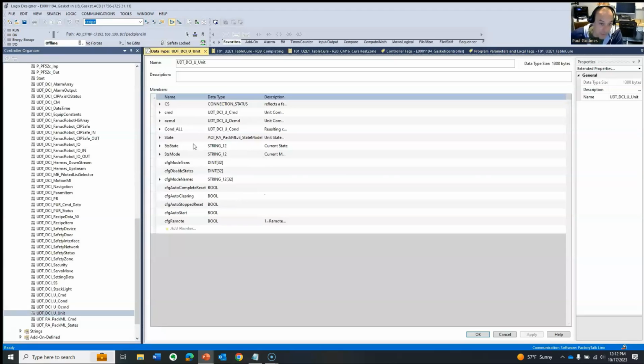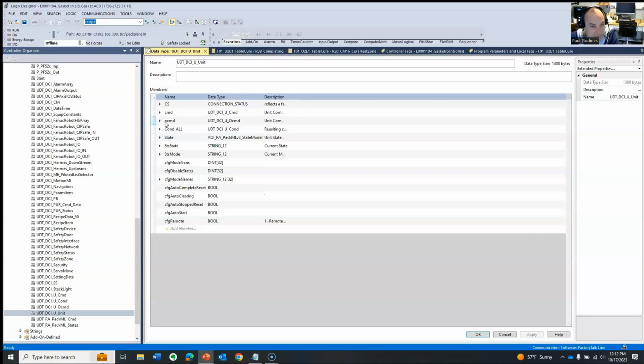Okay, so now what do we got? We got CS, CMD, OCMD, cond all, state, status, SDS state. So what we have is some terminology. We have some acronyms that stand for words. CMD is referred to as a command, right? Operator command. This command could generally come from the process.